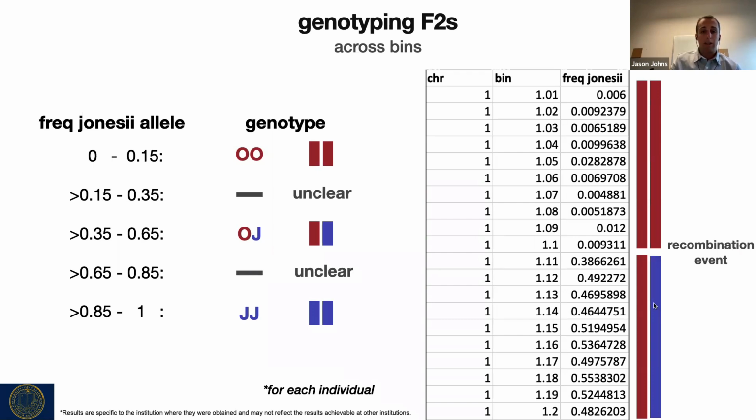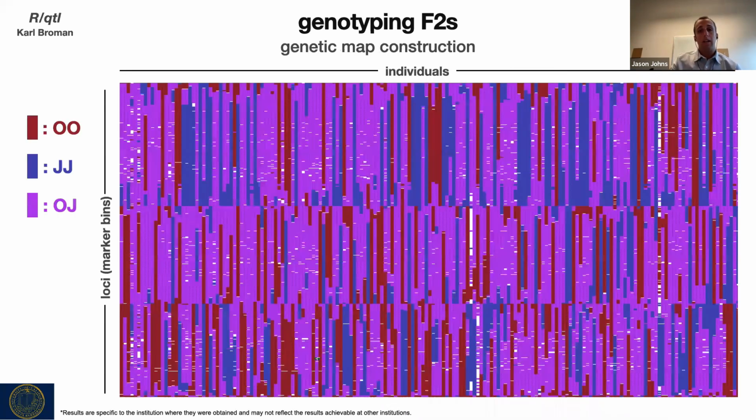We can then color each one of our individuals across every marker in the genome. So we're looking here at a pre-version of our genetic map, where each column is a different individual and each row is a different locus, in this case, a marker bin.